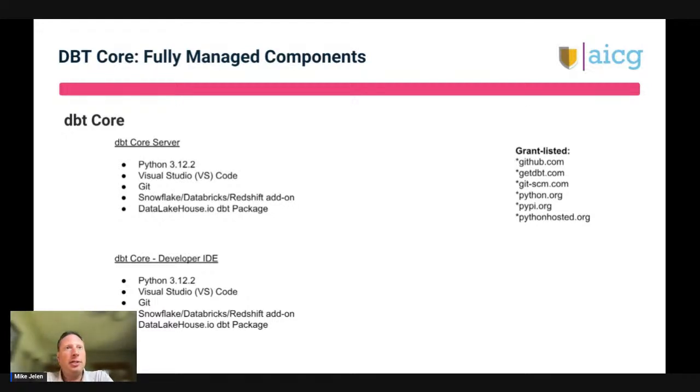This is a partial list, definitely depending upon whether you're Databricks, Redshift, Snowflake, BigQuery, etc. as your target data source, which will determine which sort of add-on you will also need, along with how that grant list will change relative to each one of those target destinations.